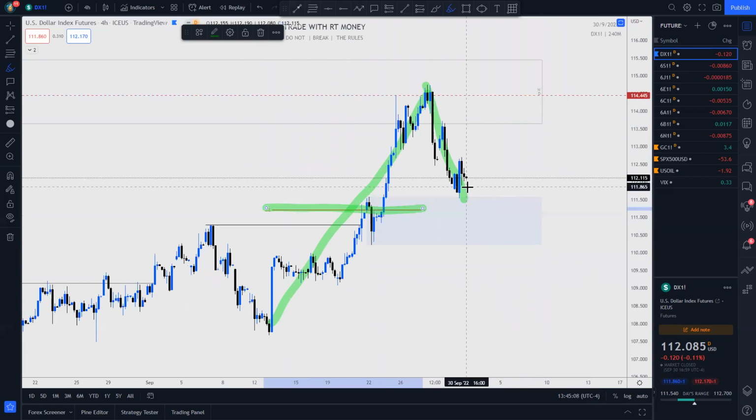We can expect price may not be finished with this pullback, because it hasn't yet reached the 50% mark. So I am keeping my eye out for a deeper retracement into this demand zone, and from this demand zone, I expect it to hold and continue higher.